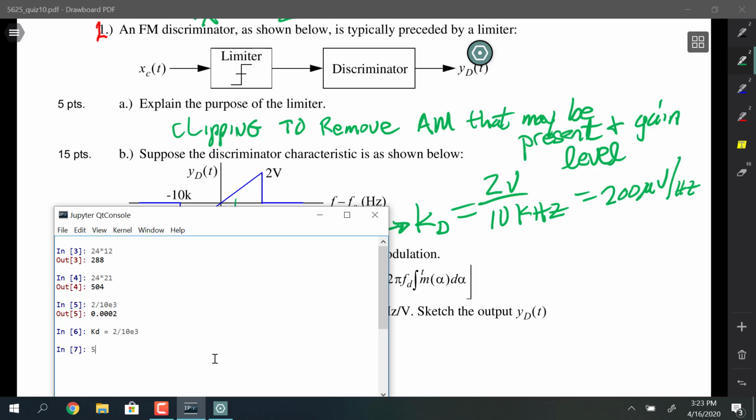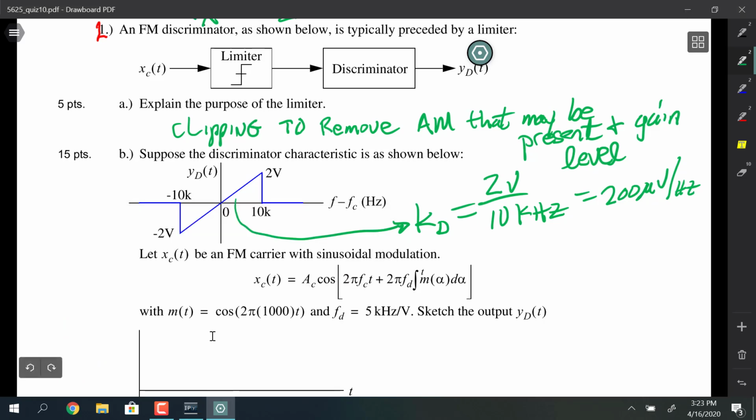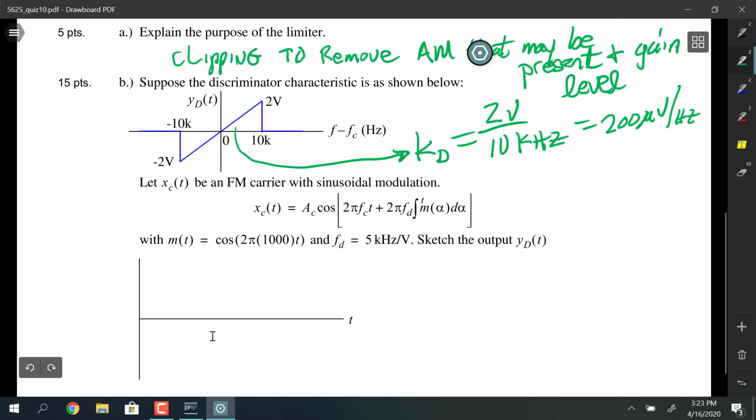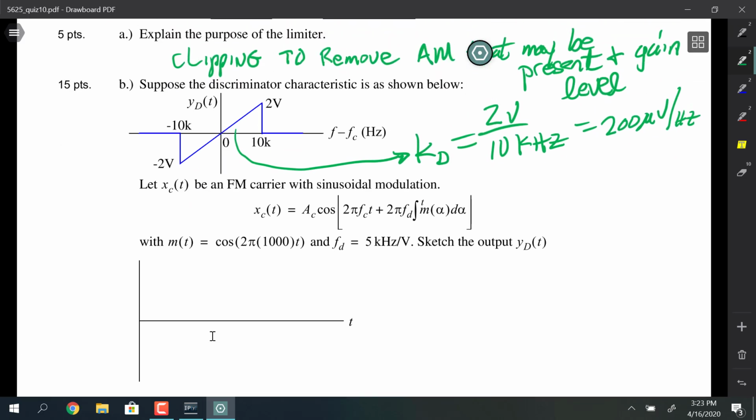I could go 5E3 times KD, and that would be 1 volt peak that I'd be getting out if I happen to have a 5 kilohertz peak deviation, and that's actually a pretty large voltage at that point. Okay, moving on. Does anybody have any questions on that? That really wasn't the problem worked. I just decided to talk about it some.